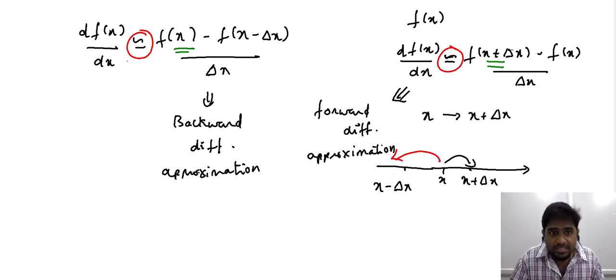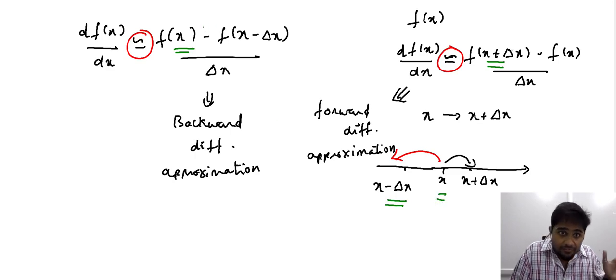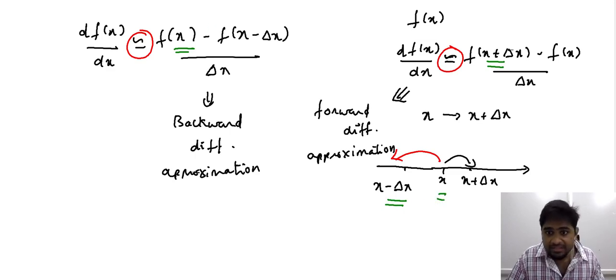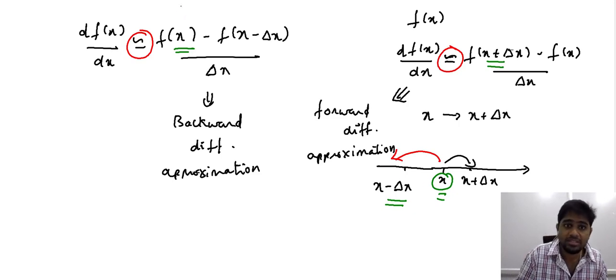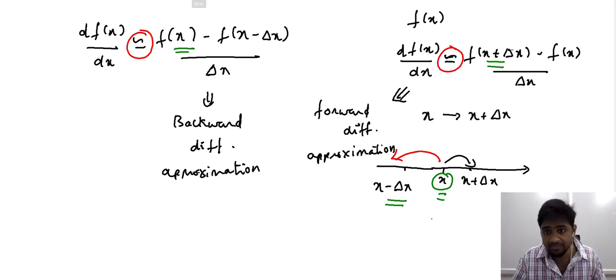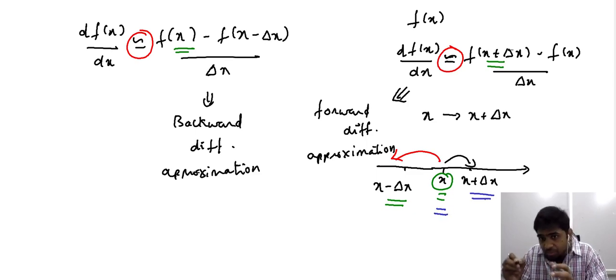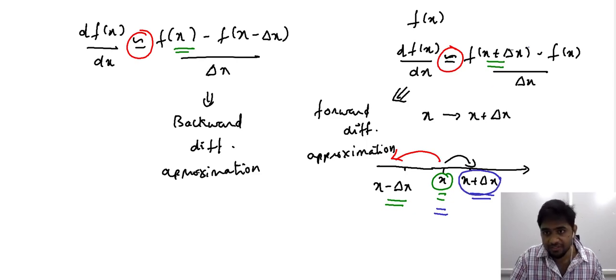So when you consider the backward difference, we are considering 2 points, x minus delta x and x, and the first term in the numerator is associated with the x, because x assumes the greater value between these two terms here. Now when you consider the forward difference, we are considering two terms, x and x plus delta x. In these two, x plus delta x is of greater value, so therefore it assumes the first term here.